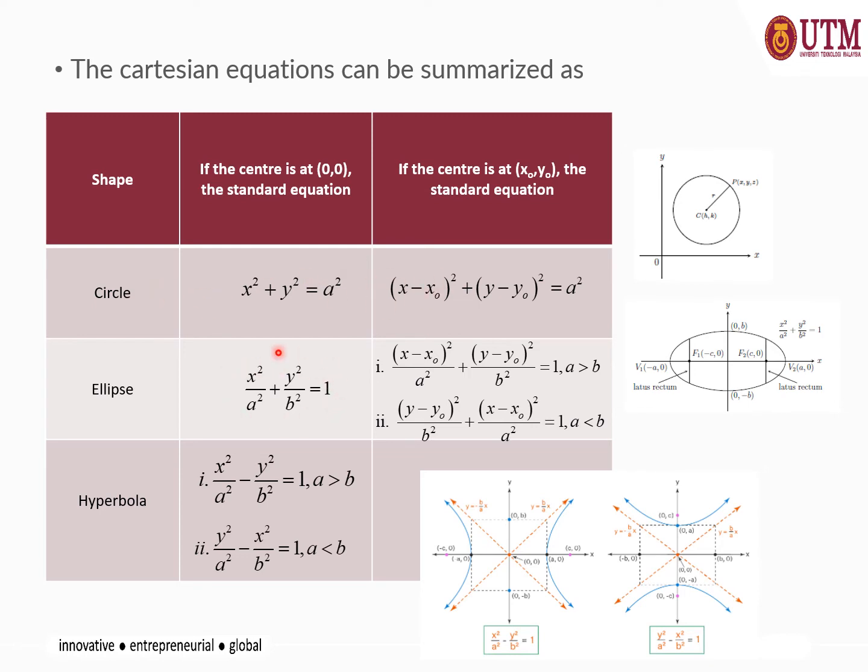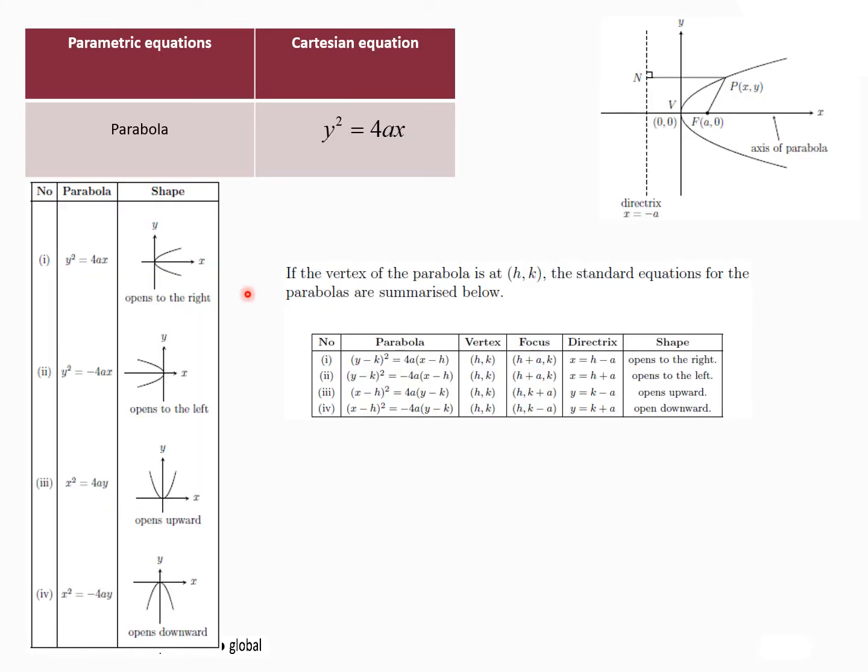Same goes with this one, where this equation refers to an ellipse, and for this equation it refers to a hyperbola. And the last one, if the equation is like y squared equals 4ax or x squared equals 4ay, it is a parabolic shape. So it depends on the value, whether it is positive or negative, so the shape would be different. Whether it opens to the right, opens to the left, and so on.